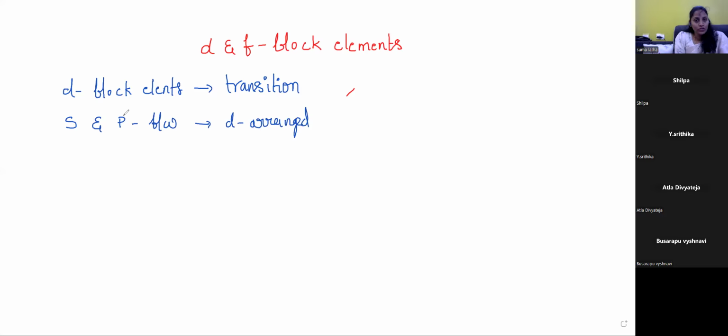This is one reason we call them transition elements. Another reason is these D block elements exhibit more number of oxidation states, and because of these oxidation states, they exhibit color property. The first reason is D block elements are arranged between S and P block, and another is that they exhibit colored property and can show more number of oxidation states.